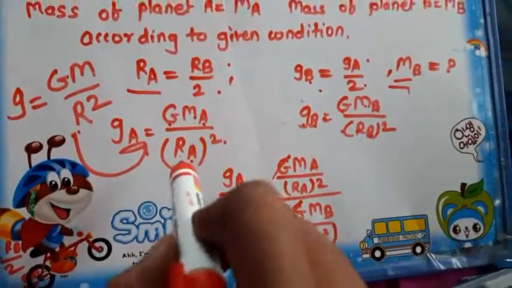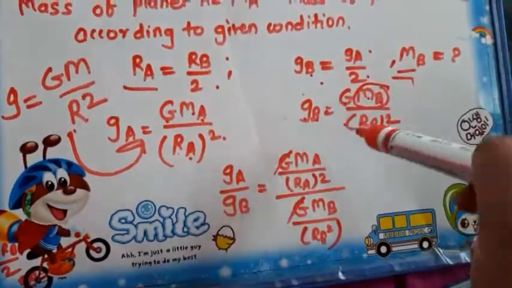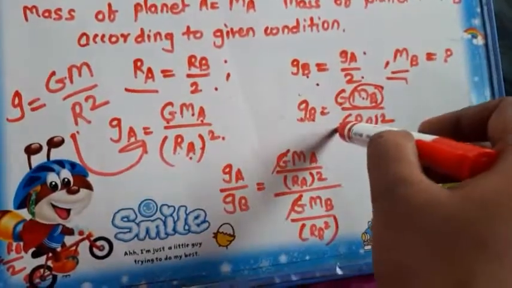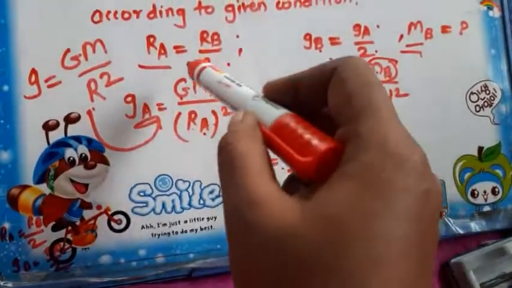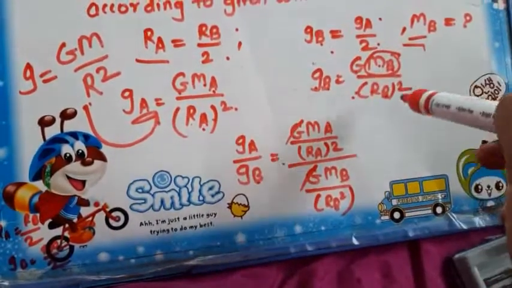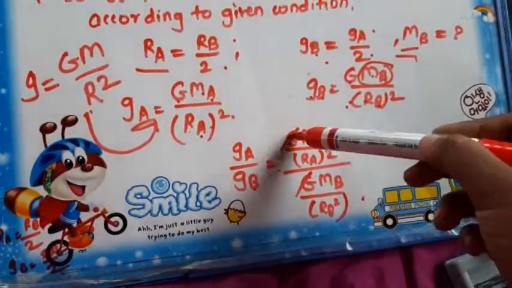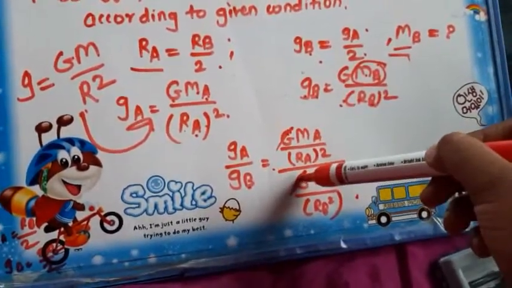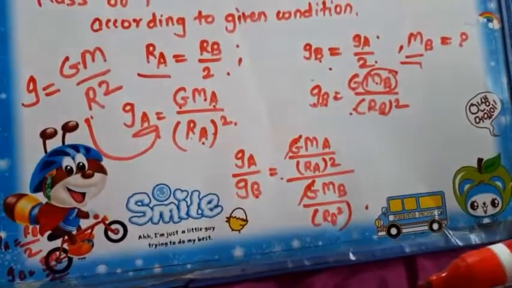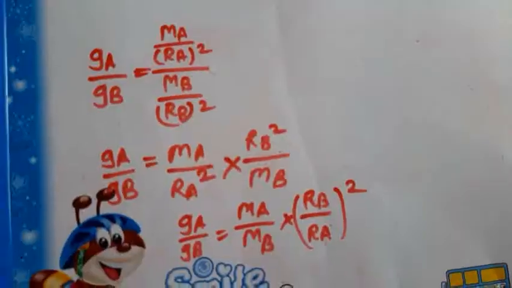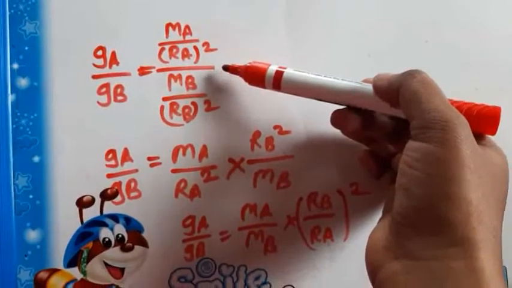Now, in order to get this mass of planet B, we will take the ratio of these two quantities. So Ga divided by Gb will be equal to this term divided by this term. Gravitational constant is the same in the entire universe, so it gets cancelled. Now what is remaining? Now these terms we are having now with us.